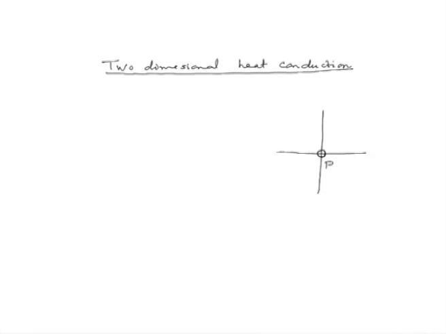So, our node P is ij, eastern neighbor E is i plus 1 comma j, western neighbor W is i minus 1 comma j, northern neighbor in the y direction is i comma j plus 1, and the indices for the southern neighbor would be i comma j minus 1.